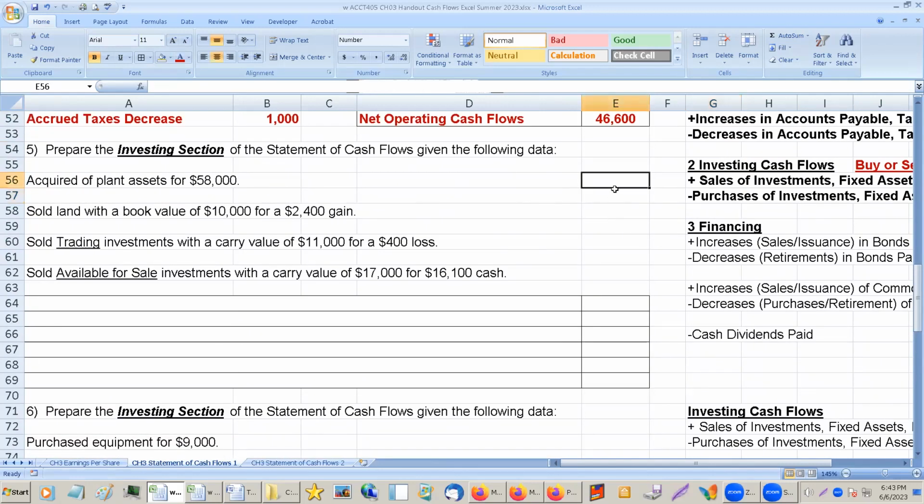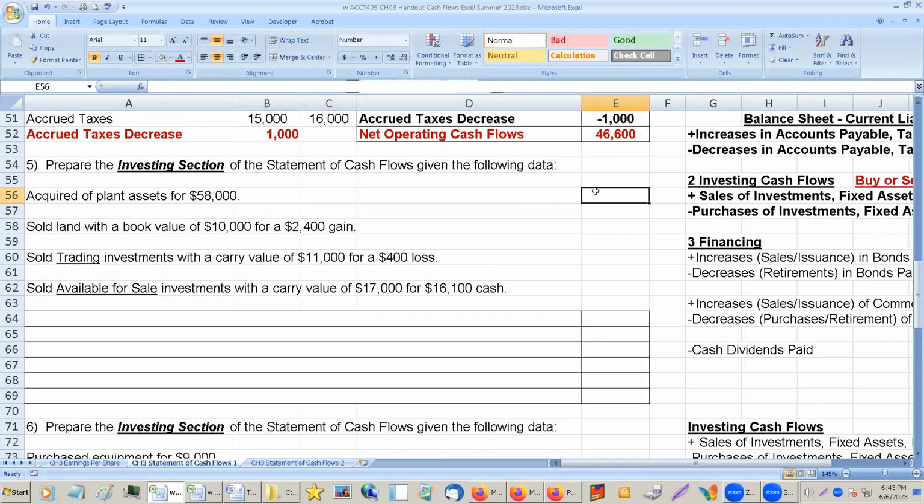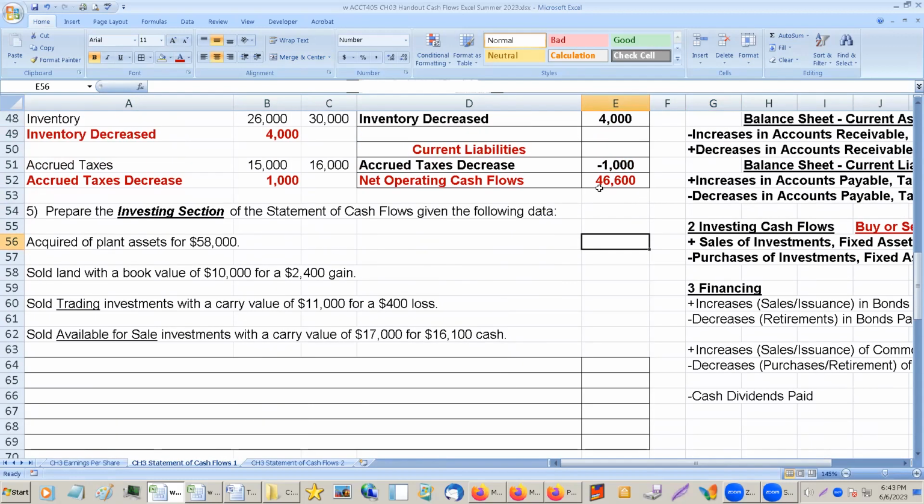I'm just gonna do these on the side here. I don't know what I was thinking when I wrote this one. Acquired of plant assets.